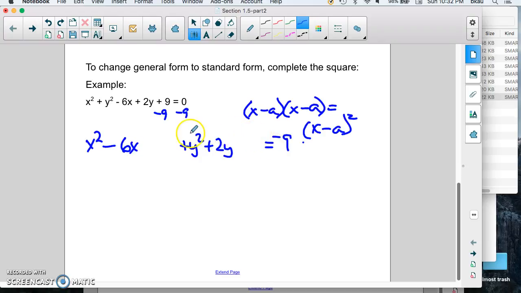So in the process of completing the square, we want to get something here that when we multiply it together, the two terms are going to add up to this negative 6x, because when we do FOIL on this thing, we'll get an ax here and an ax here, a negative ax and a negative ax, which is really negative 2ax in the middle.